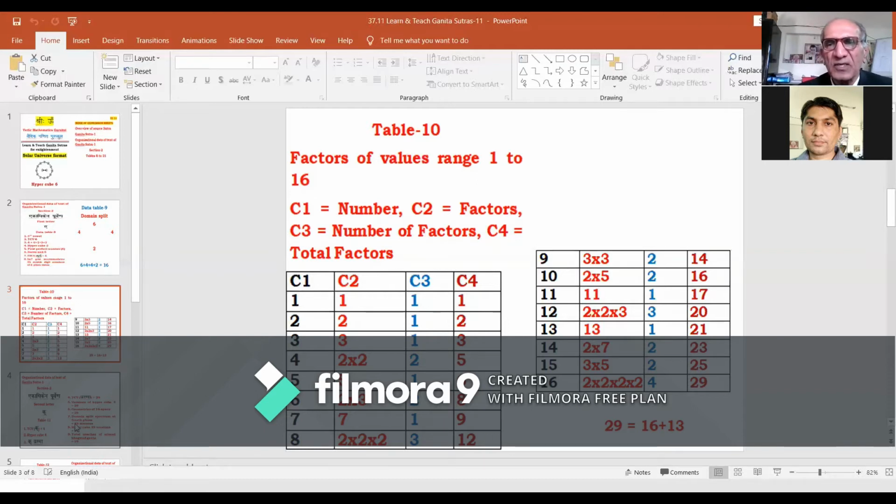This feature of 16 sutras and 13 Sutras standing coordinated as 29 factors of values range 1 to 16, which is parallel with the dimensional frame of quadruple spatial dimensions of creator space, is the core of the organizational format.